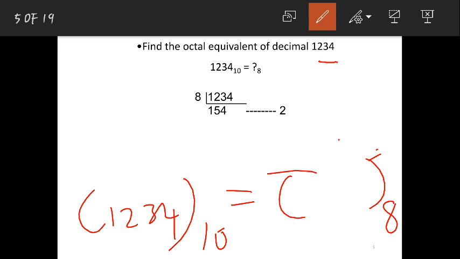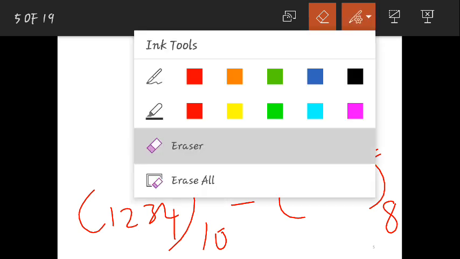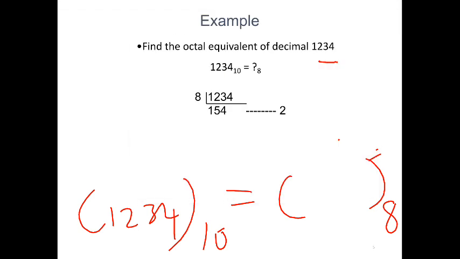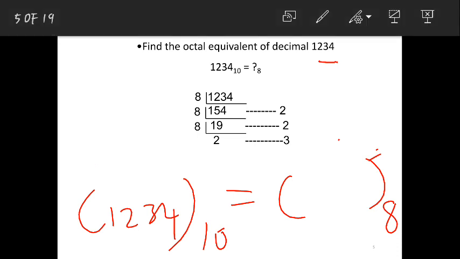Then 8 times 19 is 152, and dividing 154 by 8, the remainder was 2. Again, dividing 19 by 8, the quotient is 2 and the remainder we got was 3. Again 8 times 2 is 16, and so on, with 3 as a remainder.